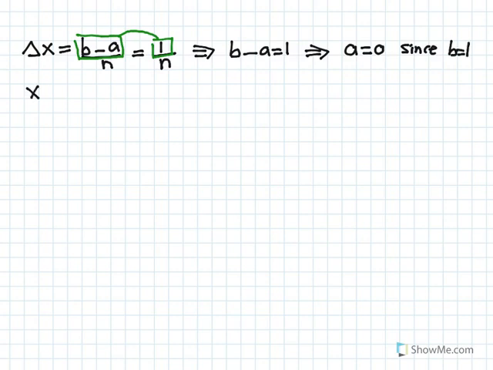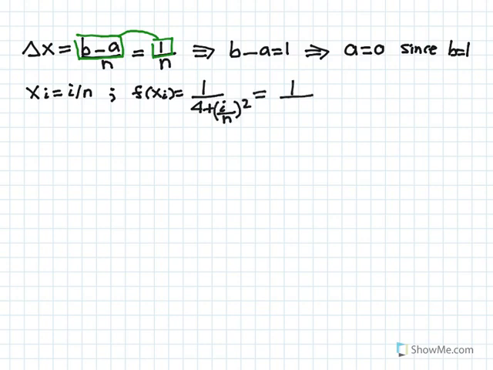Now we have xi is i over n. Let's build up the function f of xi. That's going to be 1 over (4 plus i over n) all squared. Let's rewrite this as 1 over (4 plus xi squared). We now have all the pieces of the puzzle.